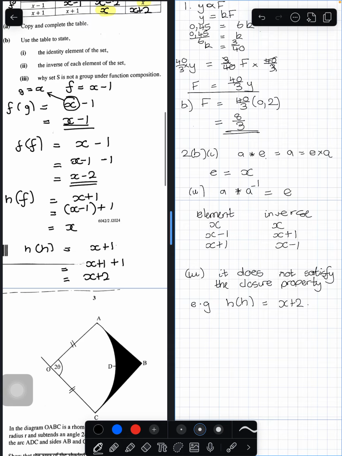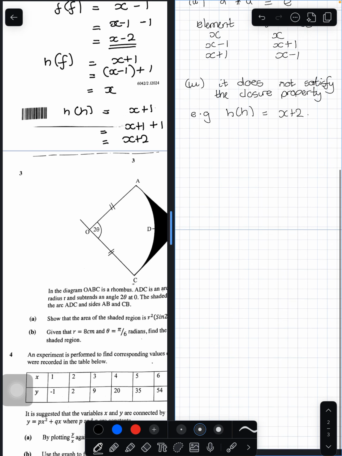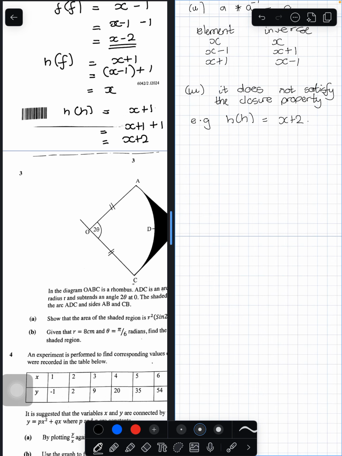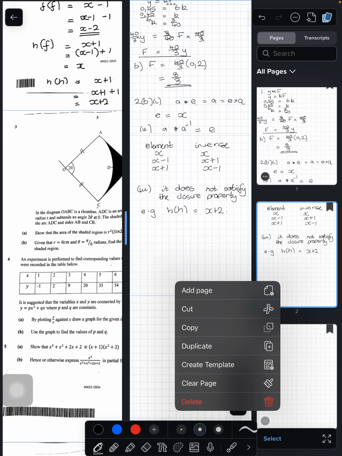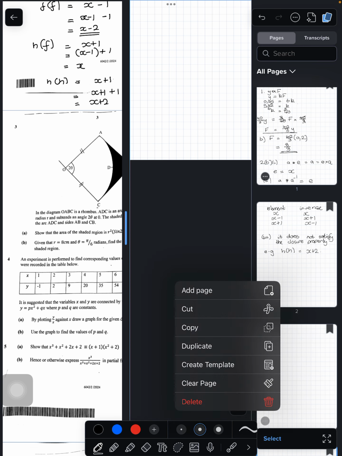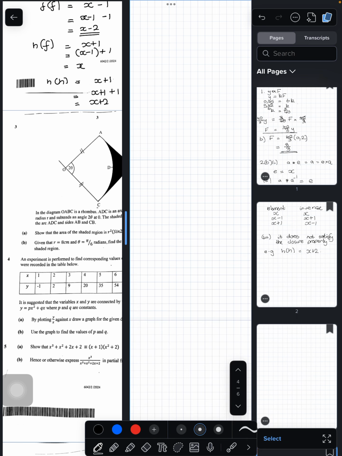Right, let's move on to our next question, number 3. What does number 3 say? It wants us to find the area of the shaded region.